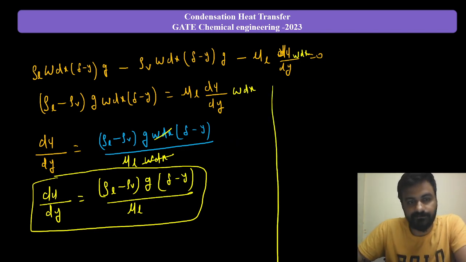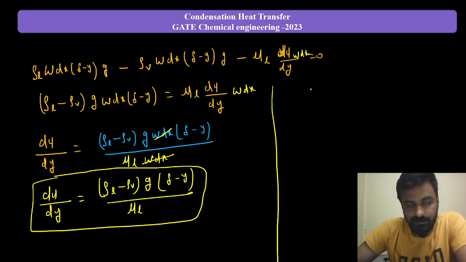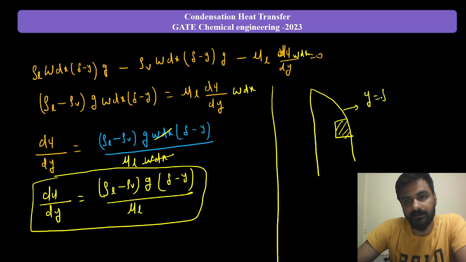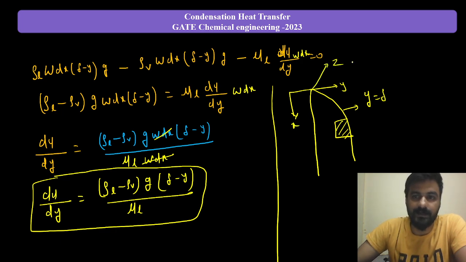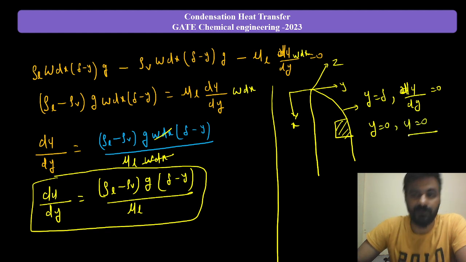Now I am trying to derive the velocity over here. My dear student, try to understand. This is the condensate layer, with y in this direction, x in this direction, and z in this direction. At y is equal to delta, du by dy is equal to 0, and at y is equal to 0, u is equal to 0 because of the no slip condition.